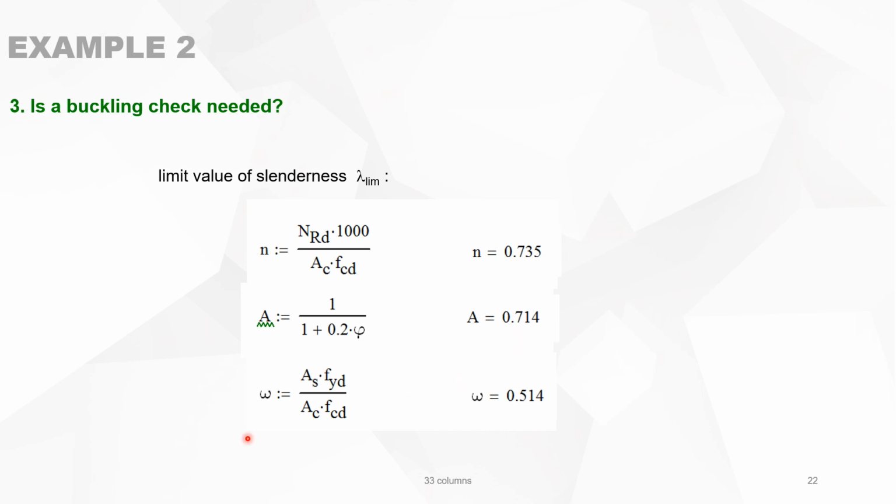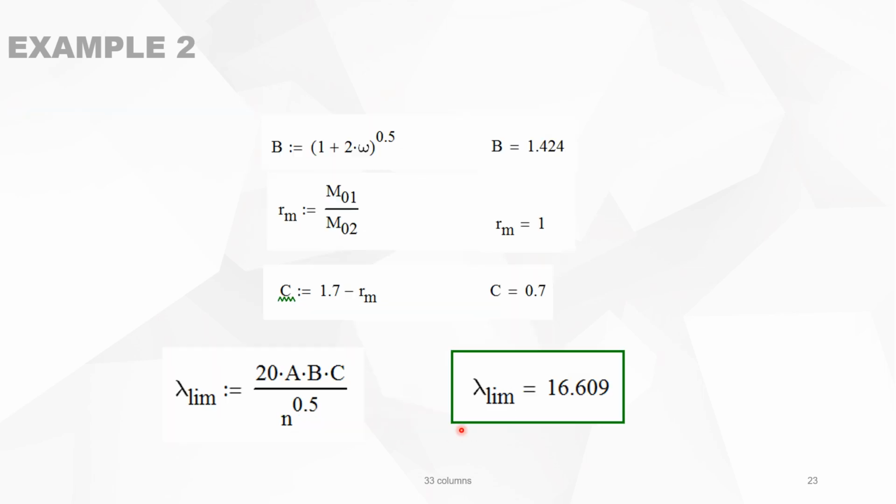And the mechanical reinforcement ratio is 0.51. Then the factor B, depending on that mechanical reinforcement ratio, is 1.42. And Rm is of course 1 because M01 and M02 are equal. And the coefficient C is then 0.7. The limit value of the slenderness is then 16.6.